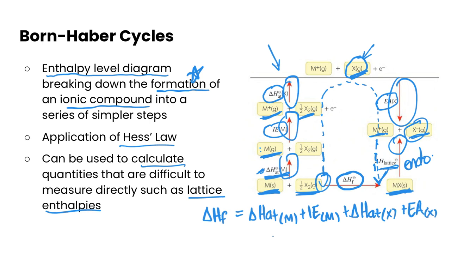And then finally, we'd be subtracting our lattice enthalpy, because it's endothermic and it's going against the direction of our indirect route. This is essentially the equation that we're going to be using in most of our calculations.